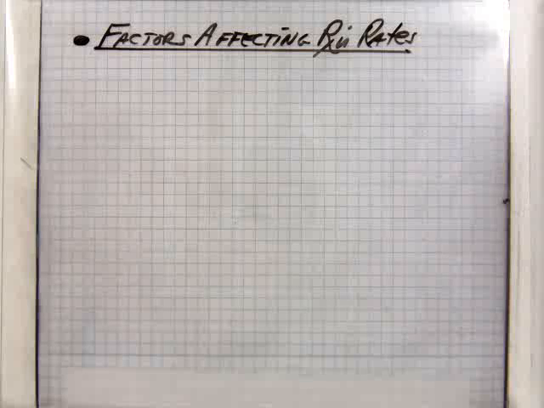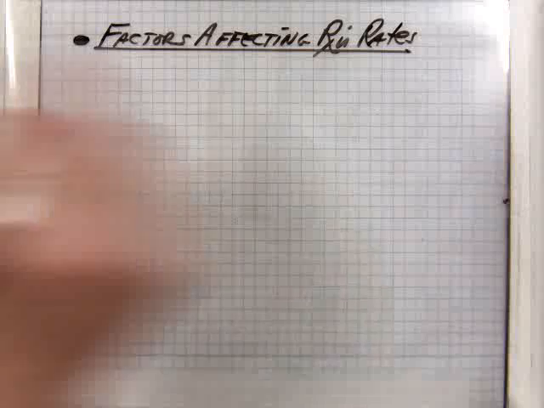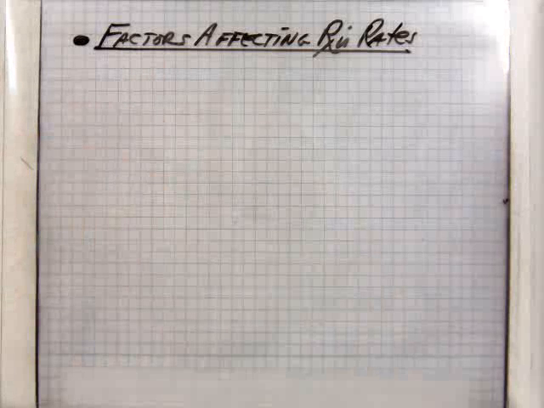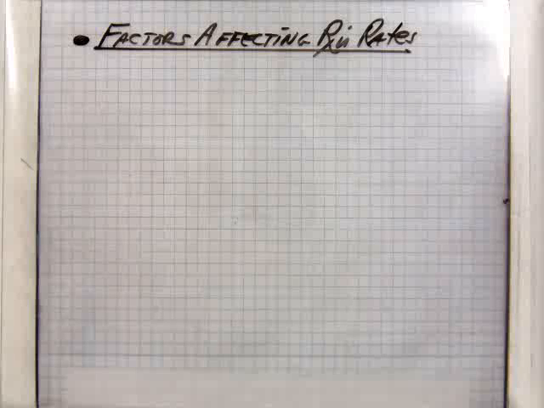What affects the rate of any chemical reaction? There are 5 factors. You change one or more of these factors, you will change the rate of the chemical reaction.